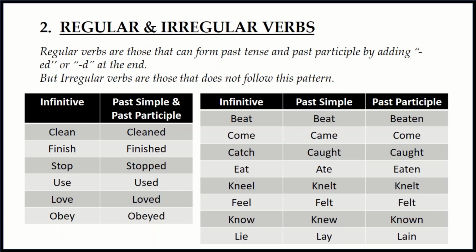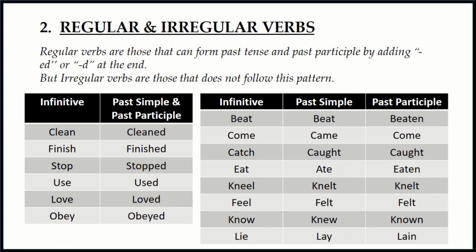But the irregular verbs do not follow such a pattern. For example, the past simple of beat is bet, and the past participle of beat is beaten. Similarly, come, came, come, catch, caught, caught, eat, ate, eaten. Again, the irregular verbs are supposed to be memorized.